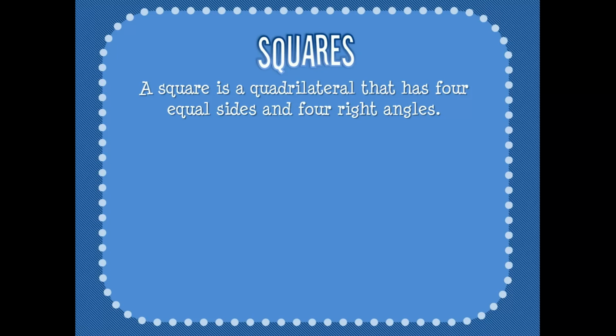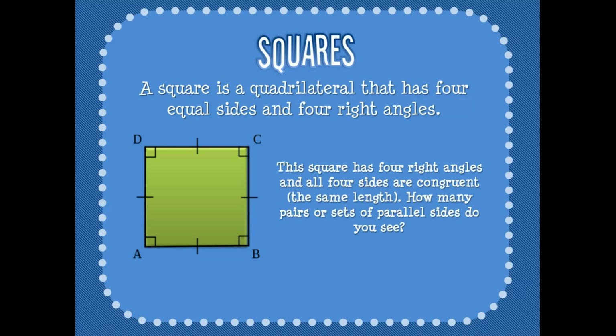Now, let us know about squares. What is a square? A square is a quadrilateral that has four equal sides and four right angles. Look here. Observe the picture carefully. This square has four right angles and all four sides are congruent.